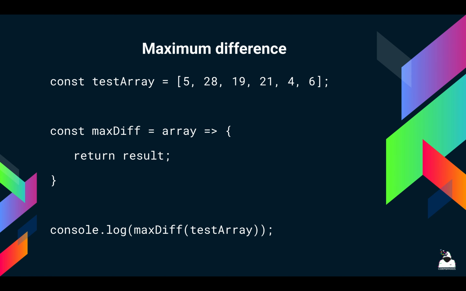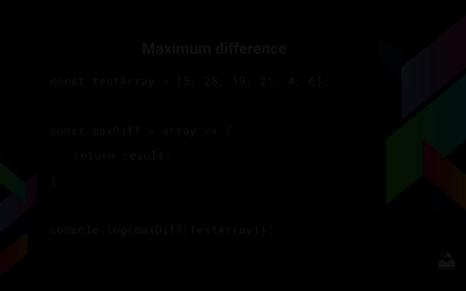It will just, in fact, cause an error because result is undefined. But we have a function called maxDiff, takes an array and returns a value that represents the maximum difference in that array of numbers. We then, in this case, just log out the result of calling maxDiff with that test array.